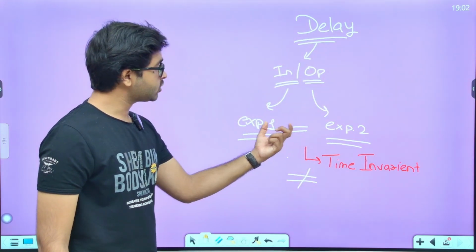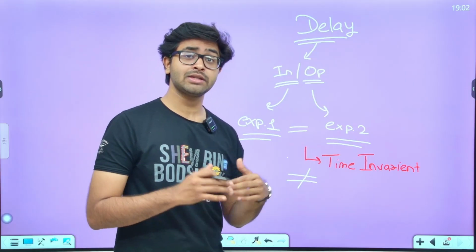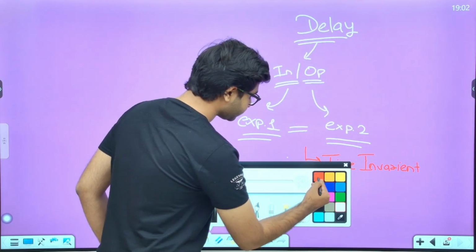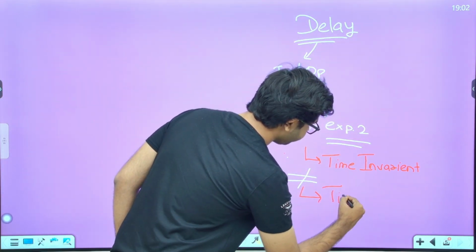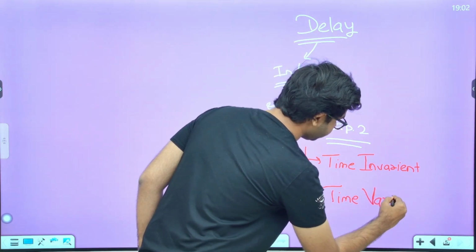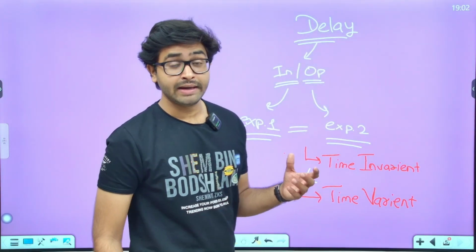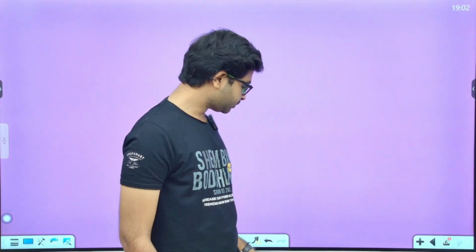And if both are not equal, it means by adding delay the expressions are also changing, then it's a time variant system. And what is variant? It means the system depends on time. So let's see the example of that.